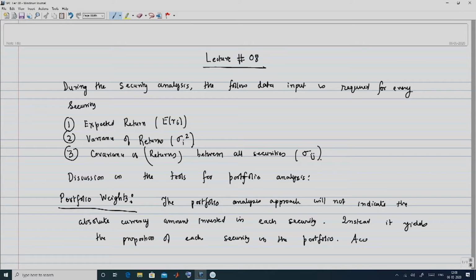Accordingly, these proportions or weights are denoted by W i for security i.